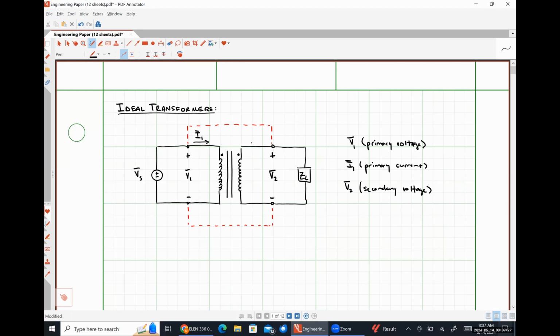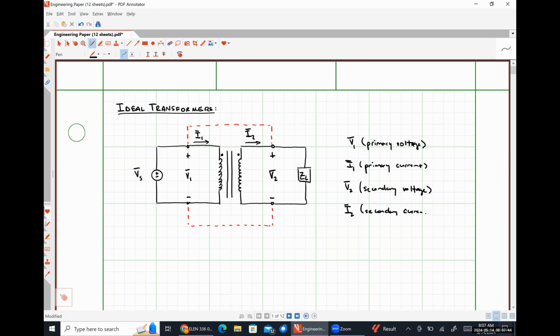And the current that's flowing out of the coil on the right-hand side will be I2, our secondary current.